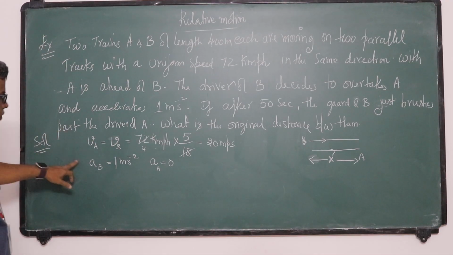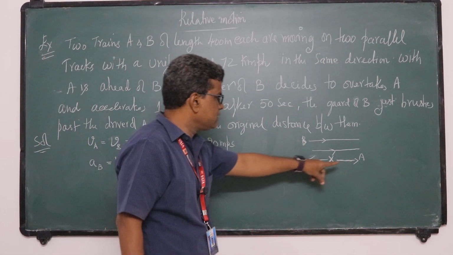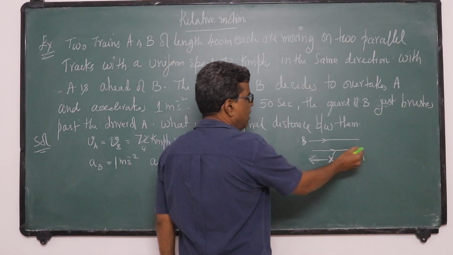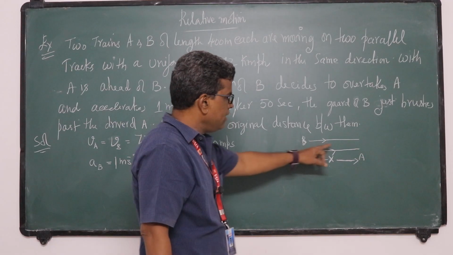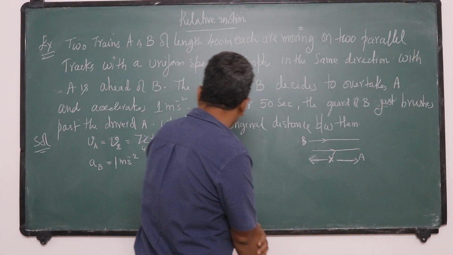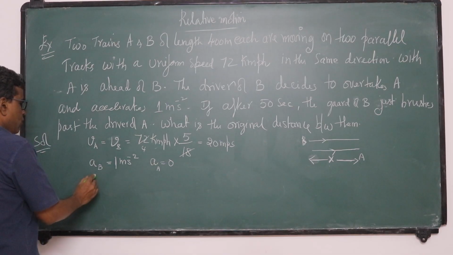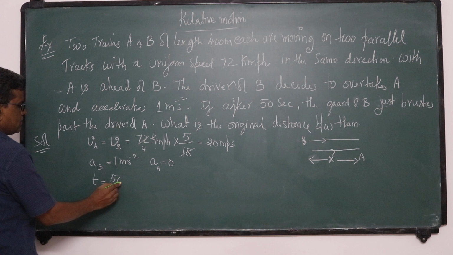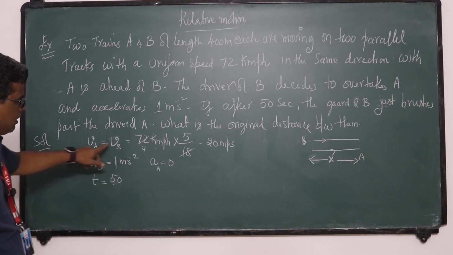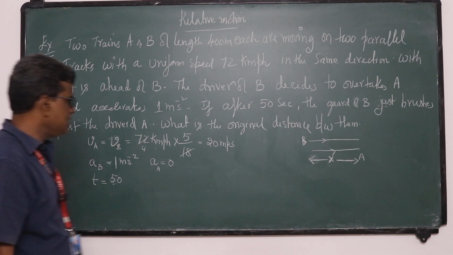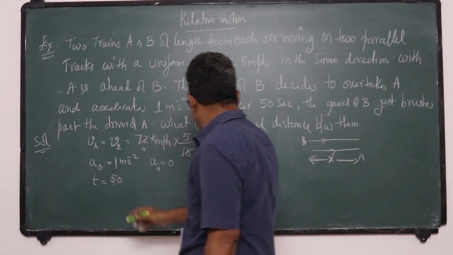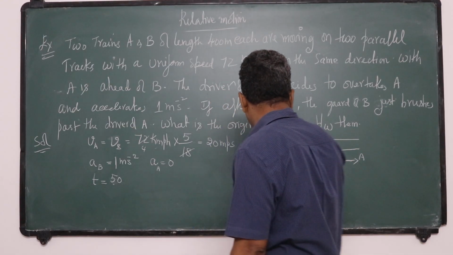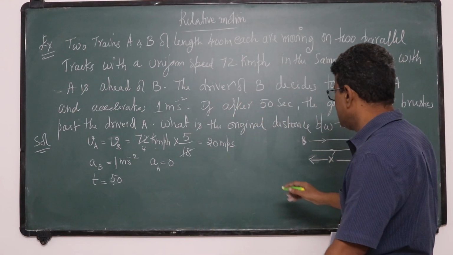Now the time for B to cross this separation x is 50 seconds. Now I have the initial relative velocity. What is the initial relative velocity? Now I am writing their relative values, the initial relative velocities.